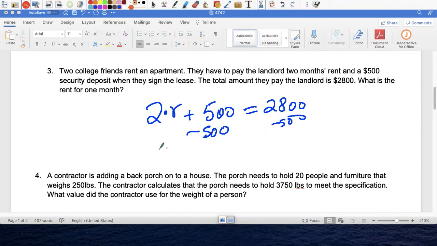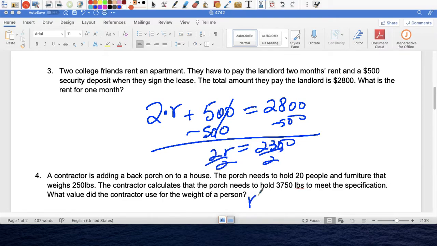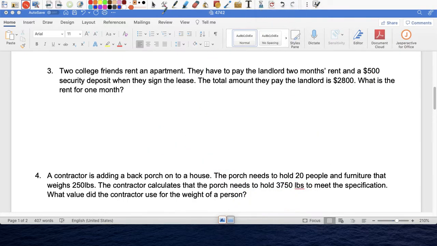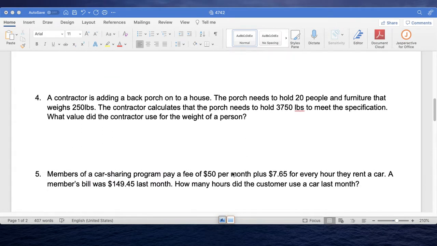Minus 500 equals 2,300. 2R divided by 2, and R equals 1150. So the monthly rent in this place is 1150. It's a pretty good price. Probably not New York City prices, but still a good price.